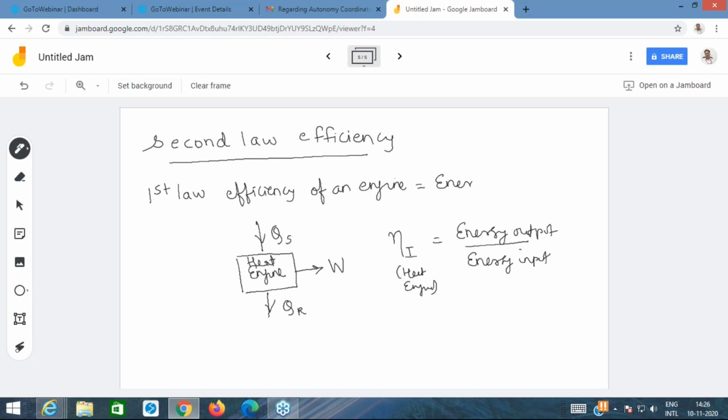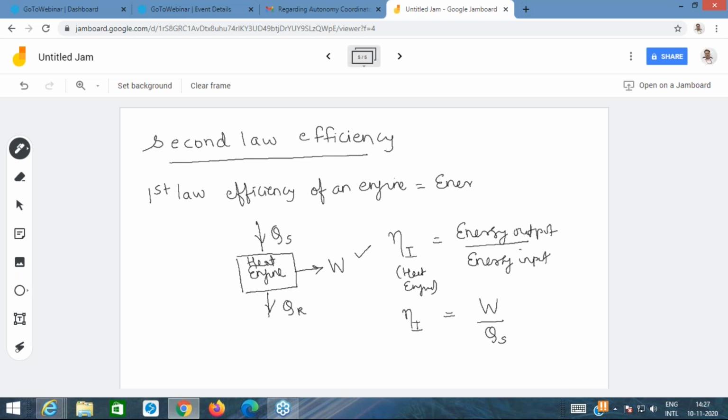Now, what is the energy output of the heat engine? The useful energy output is W upon the energy input, which is heat supplied QS. So this is the first law efficiency of the engine.